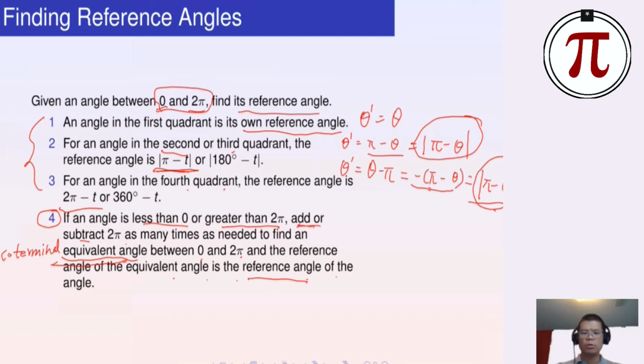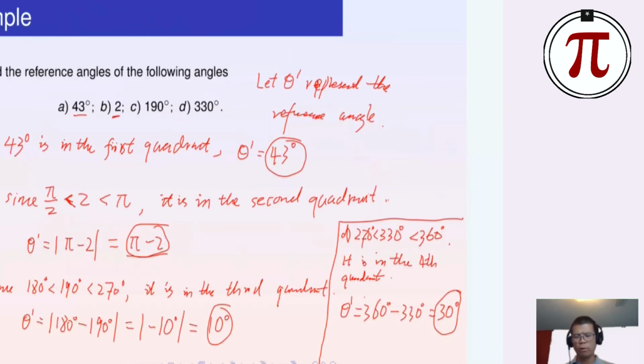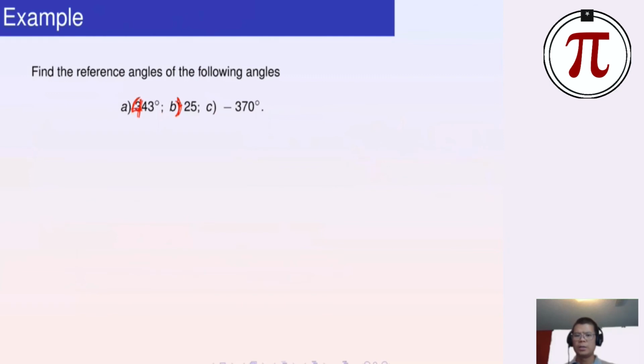Add or subtract 2 pi or 360 degrees as many times as needed to find an equivalent angle between 0 and 2 pi. So 443 is larger than 360, so what do we have to do? We subtract a full rotation and see if it is between 0 and 360.